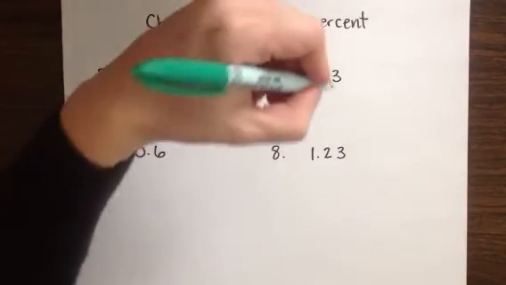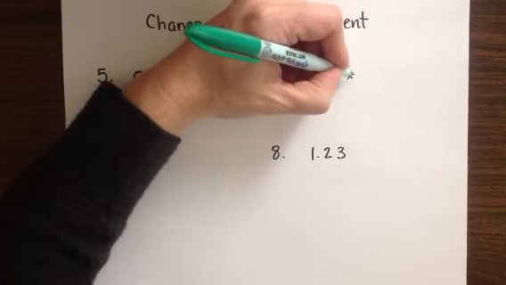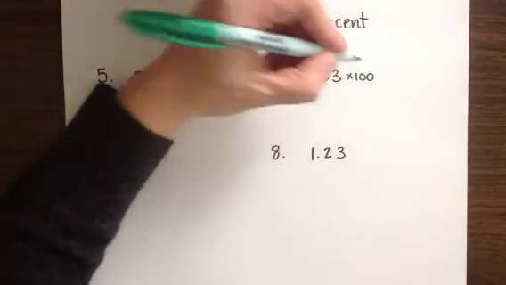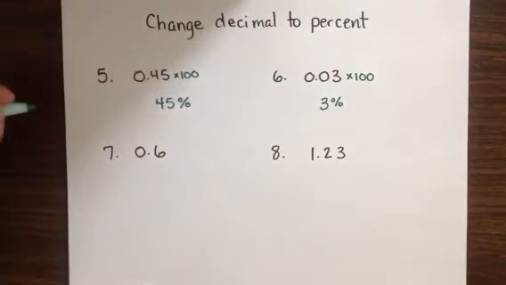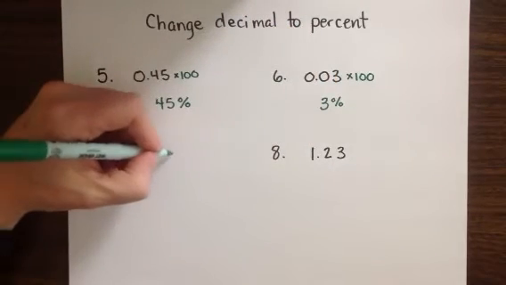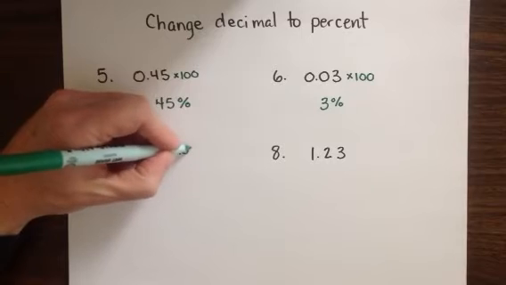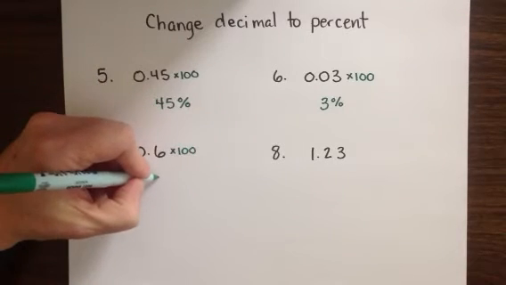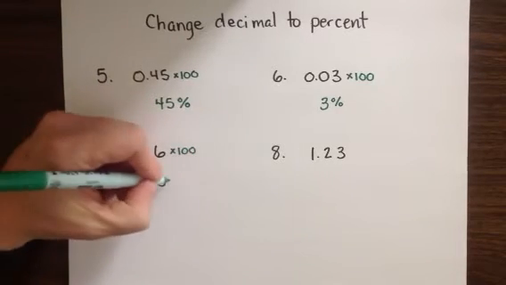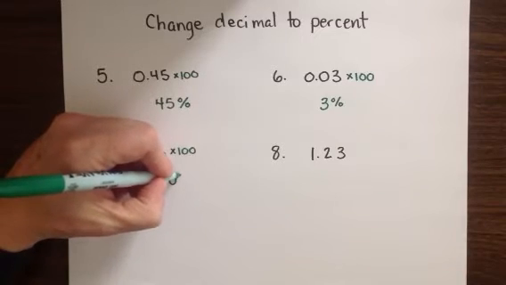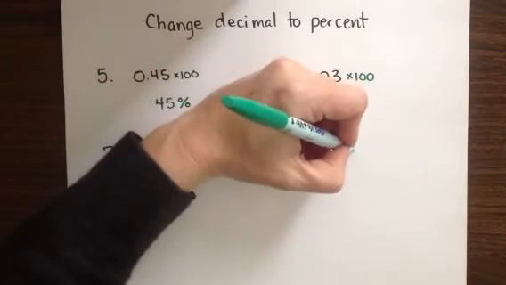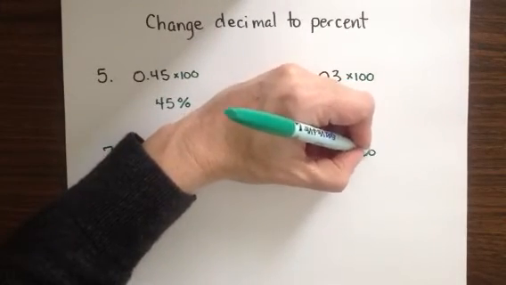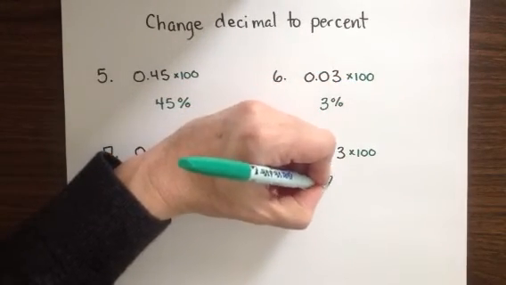Likewise, doing this one, the 3 hundredths, when multiplied by 100, gives us 3%. 6 tenths, when we multiply it by 100, gives us 60%. And 1 and 23 hundredths, when we multiply it by 100, gives us 123%.